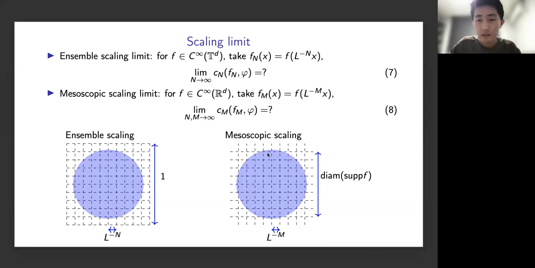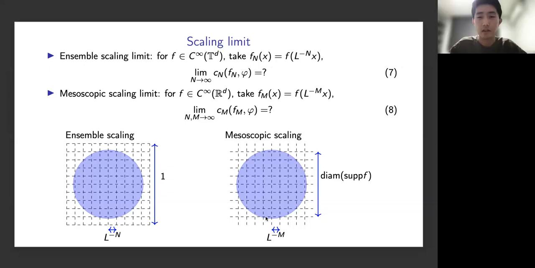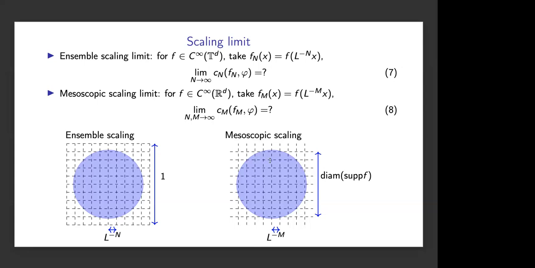If this blue region is the subpart of f, then you rescale the lattice so that L to the m times the diameter of the subpart of f is within this blue region. Do you see? Yes, I see what you mean. I was thinking more along the lines of equation 7, so this slide actually clarifies things a lot for me. Okay, thanks very much. Great.